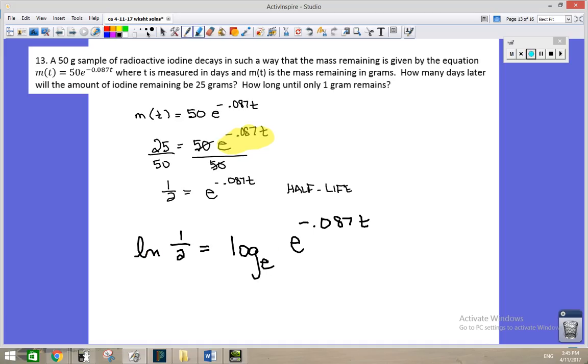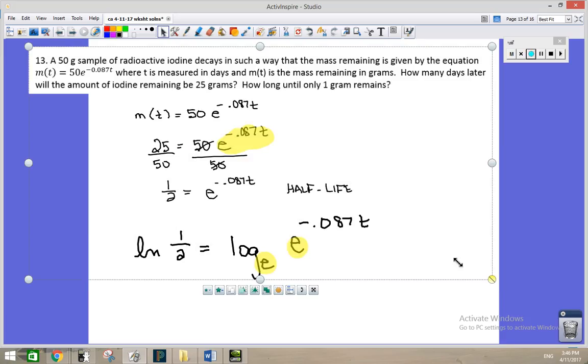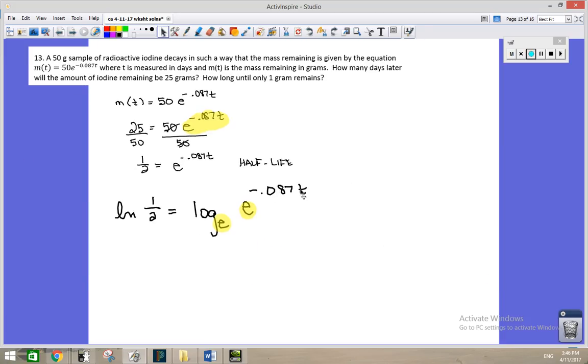Hopefully it's really clear now that this base e with this logarithm and this base e with this exponent are the same. So on the right-hand side, we just get negative 0.087t. I have the natural log of 1/2 is equal to negative 0.087 times t.